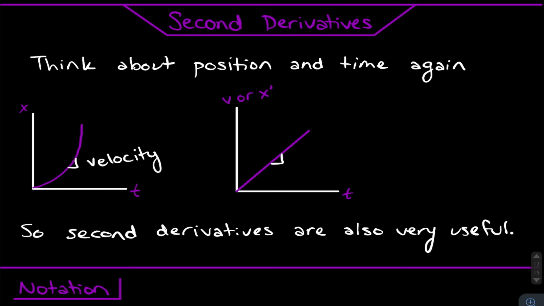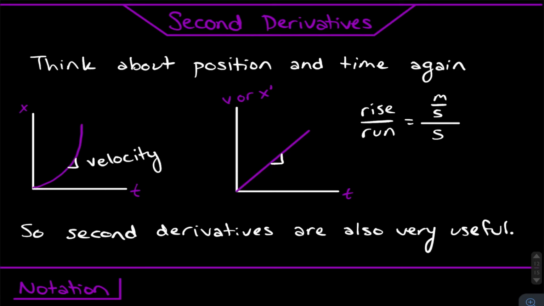What does the slope of this represent? Well, let's think about it. Slope is rise over run, right? And since the rise is how fast you're going, that's the y in this case, going to be measured in meters per second, right? And the x in this case, which is actually t, is going to be how long it's taking you to do that. So that's measured in seconds.